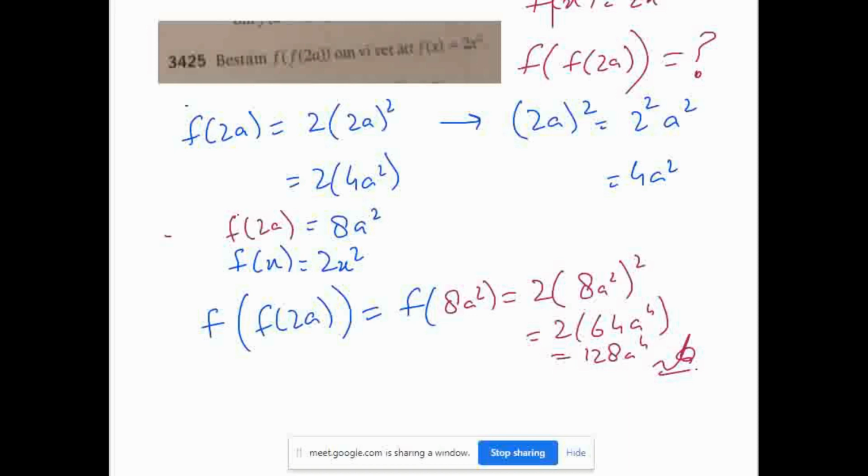Like here you can see that once you get f of 2a is equals to 8a square, and as we know that f of x is equals to this, then we have to find this thing. So once you do the first step, you will get the way how to do the next step. Good.